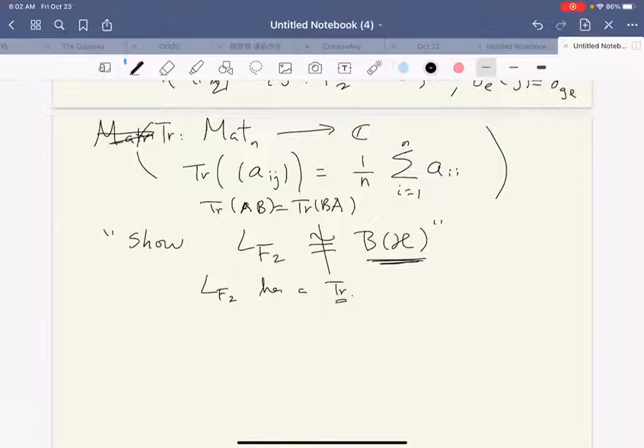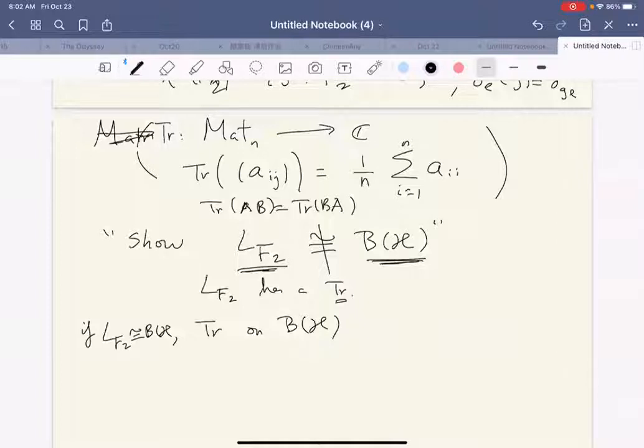this is not isomorphic. Well, this LF2 has a trace. So if they're isomorphic, then there's a trace on B of H. But remember, F2 is so huge, this is certainly infinite dimensional, right?